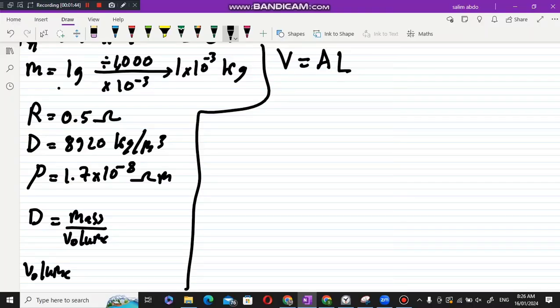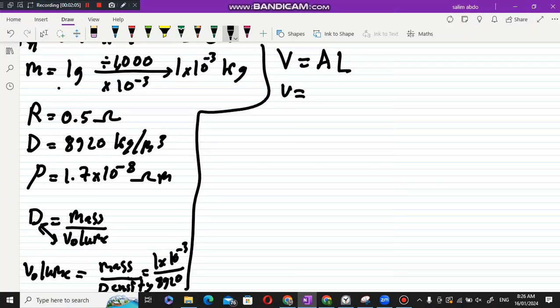We cross multiply with density, so volume is equal to mass over density, which is 1 times 10 power minus 3 divided by 8,920, which is equal to 1.12 times 10 power minus 7 meters cubed.